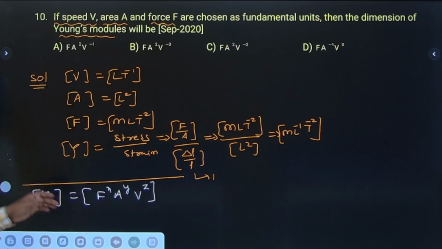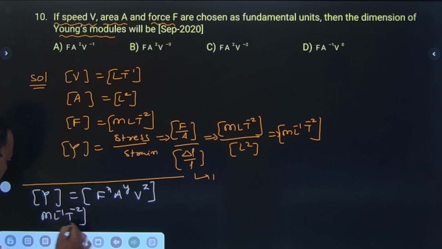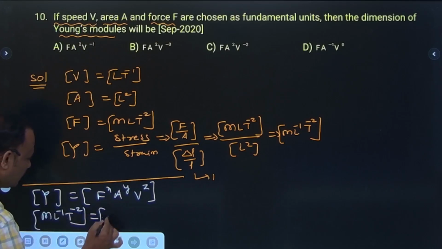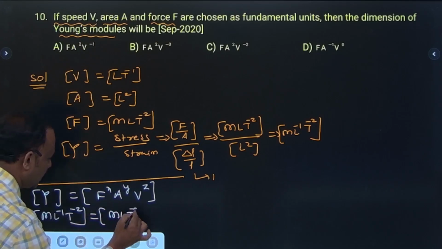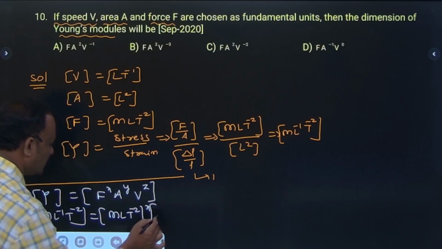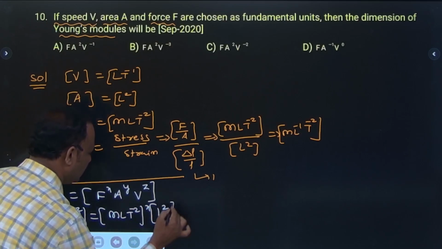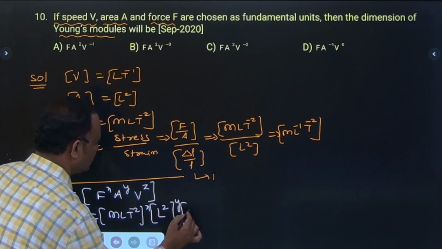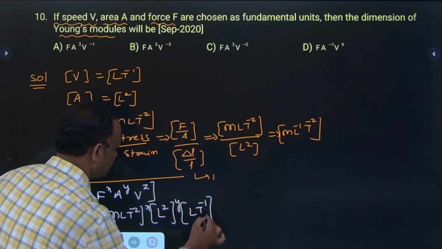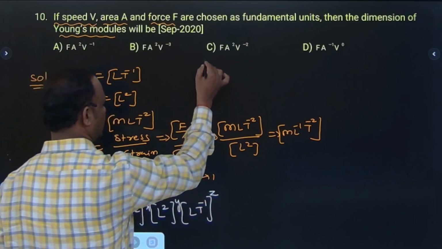Write the dimensional formula and compare the terms. First, ML minus 1 T minus 2 is equal to F, which is MLT minus 2 to the power of x, A, which is L square to the power of y, and V, which is LT minus 1 to the power of z.